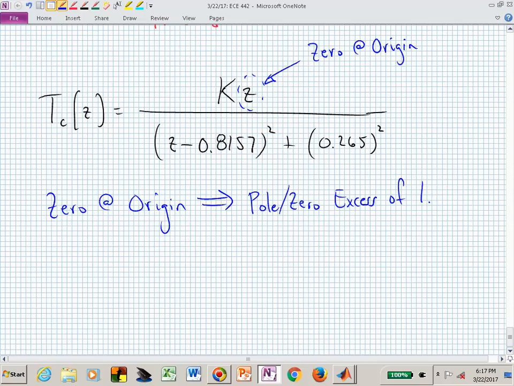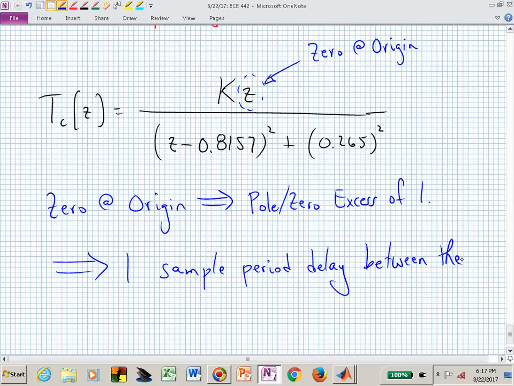We have 2 poles and 1 0. And having a pole 0 excess of 1 says that we now have a 1 sample period delay between the input and the output.